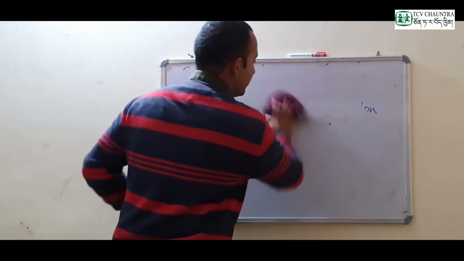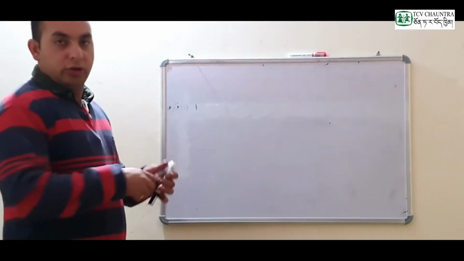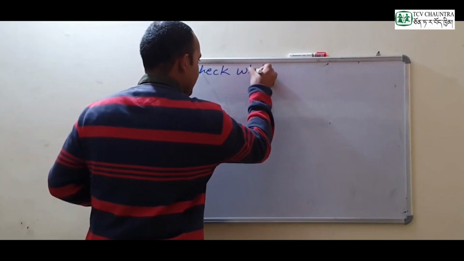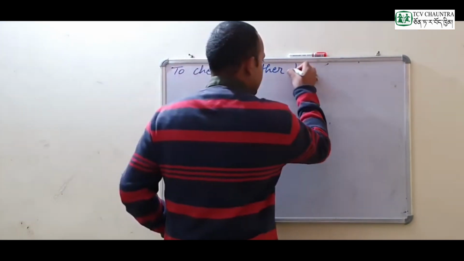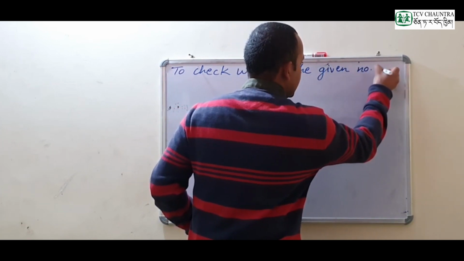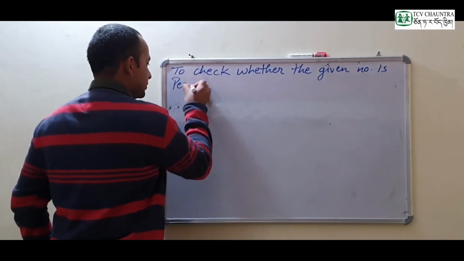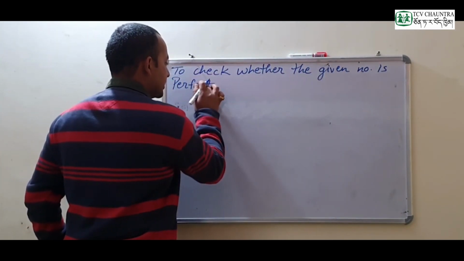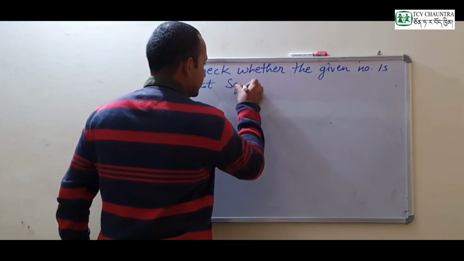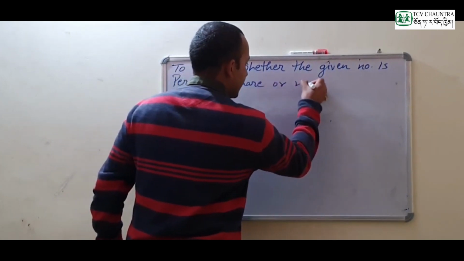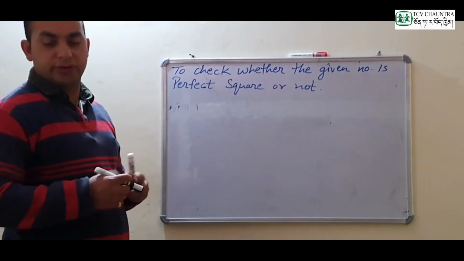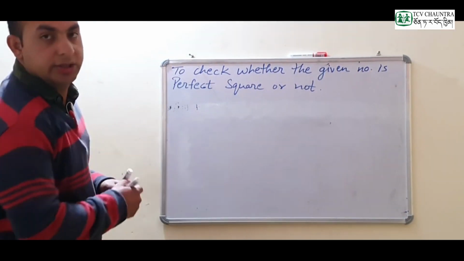Now, with the help of the prime factorization method, we are going to check whether the given number is a perfect square or not.